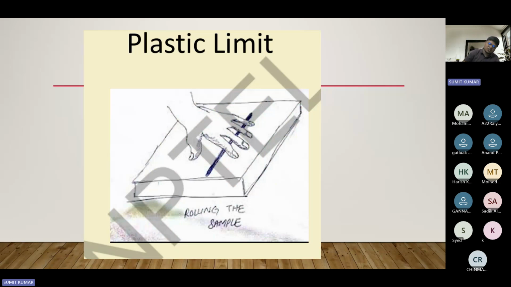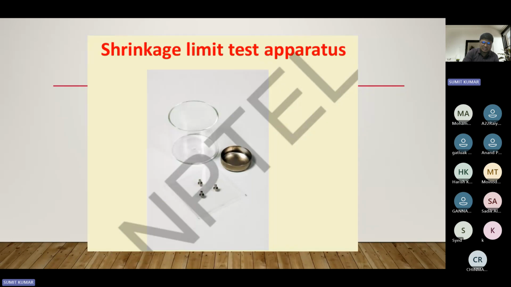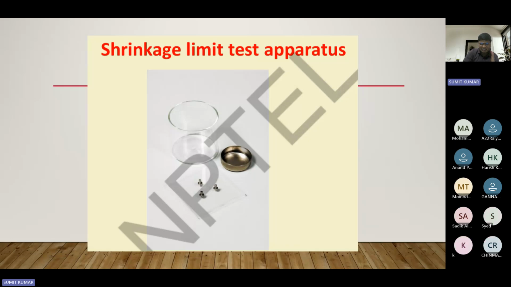The point at which it crumbles, at that water content we test the water content, and that is said to be the plastic limit. Subsequently, the shrinkage limit test also takes place in that manner only, but over here the complete thing is not viable. I will explain this again in the next class.